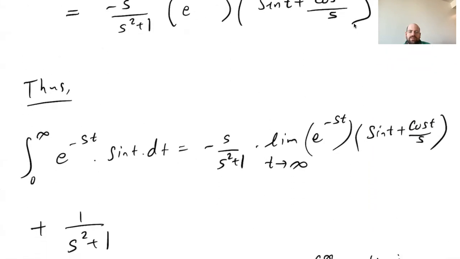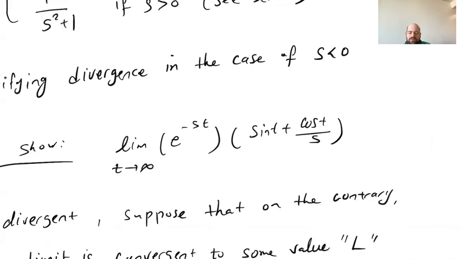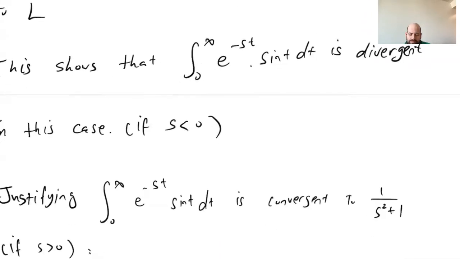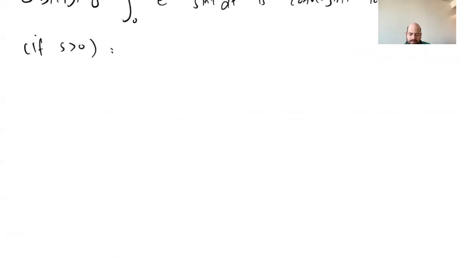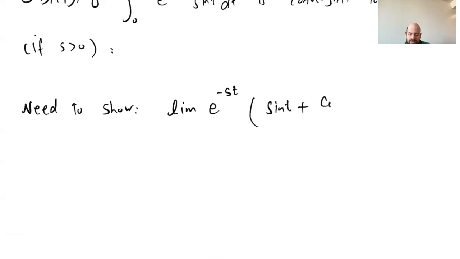So if I show that this limit is convergent to 0, then times this will be still 0 plus this constant will be 1 over s squared plus 1. So we just need to show that limit e to power minus st times sine t plus cos t over s as t goes to infinity is equal to 0.